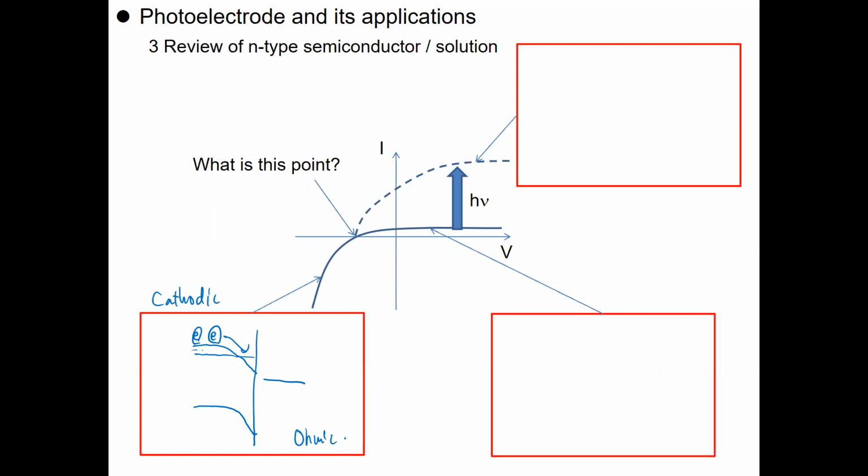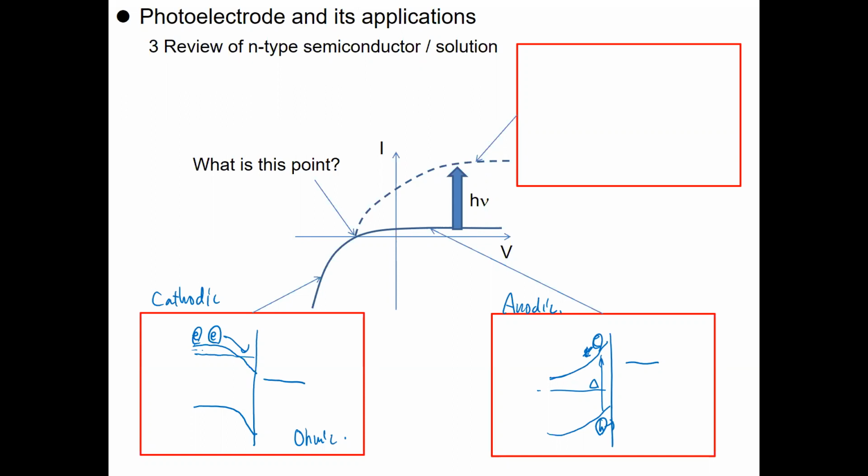And on the other hand, when you apply the anodic potential, the Fermi level is lower, like this. However, the current itself is only due to thermal excitation. The current is small, but the positive current you could observe.